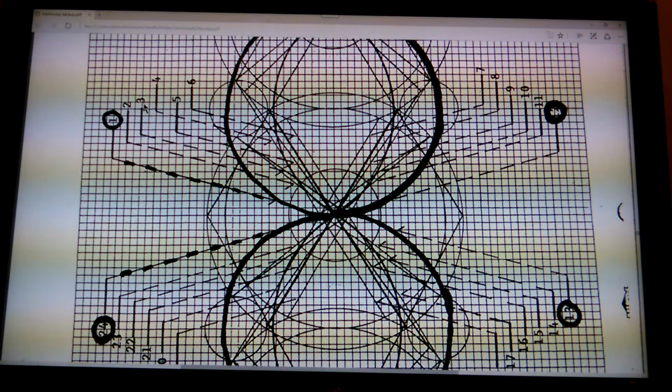We have the third going out here, the fourth going out here, the fifth right here, and the sixth. And they all originate from the throne of God, of course.